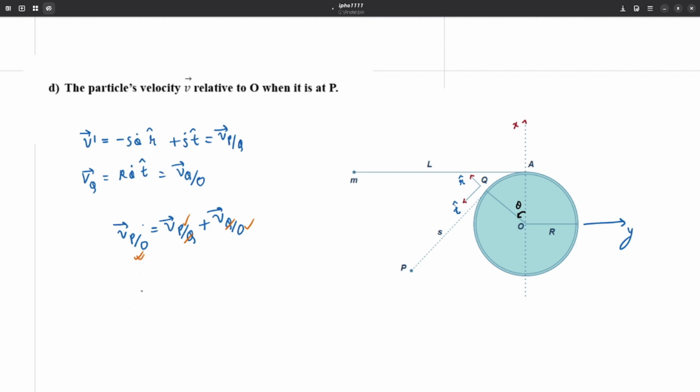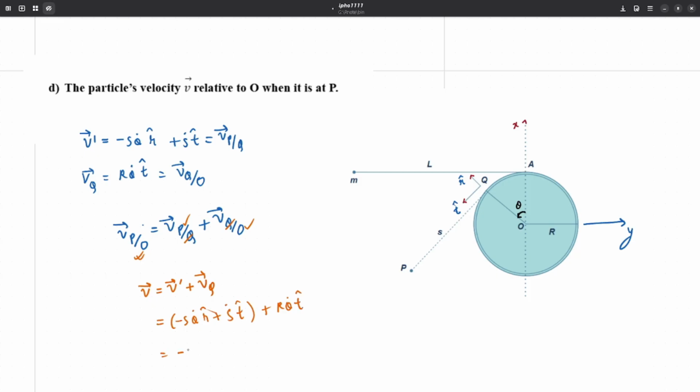Now we can write v is equal to v prime plus vq, which is minus s theta dot r cap plus s dot t cap plus r theta dot t cap.